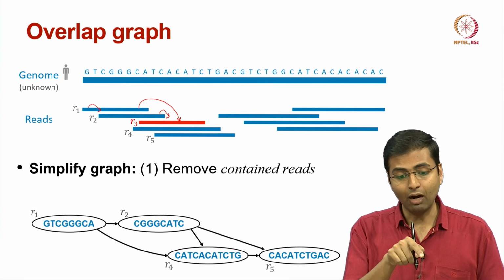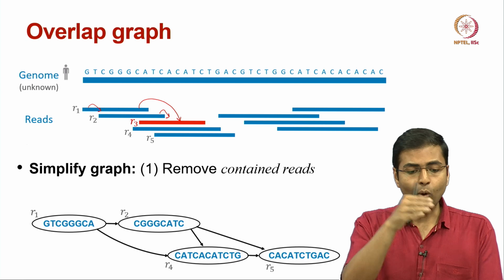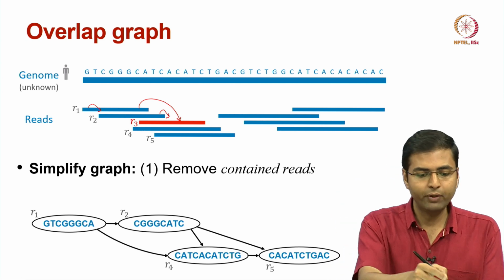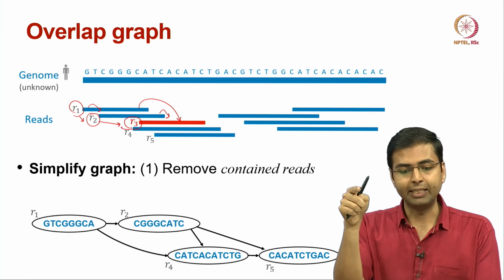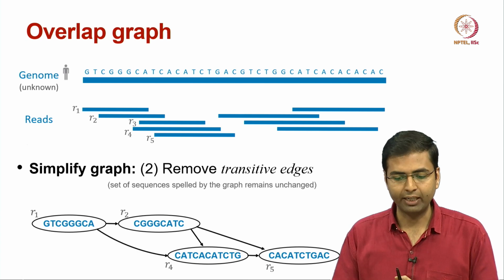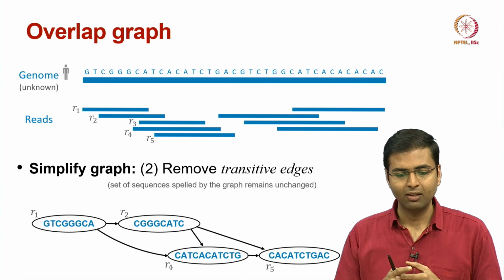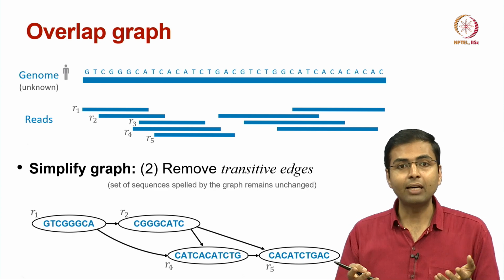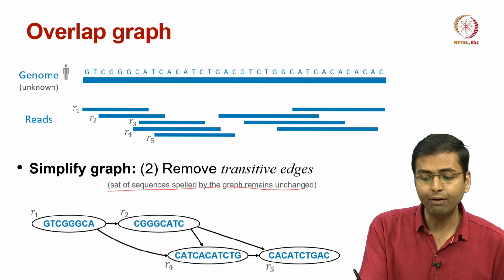Maybe we can avoid considering overlap between R1 and R3 because we can spell the sequence from R1 to R2 and R2 to R3, right. We do not have to jump from R1 to R3 directly. So, the next idea is to remove transitive edges. These are redundant edges because by removing transitive edges we ensure that the set of sequences spelled by the graph remains unchanged.